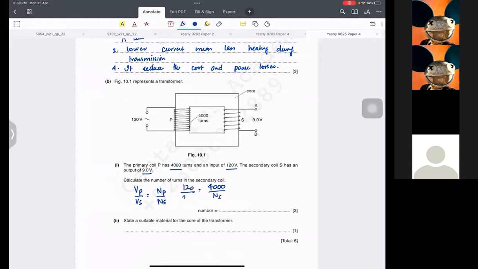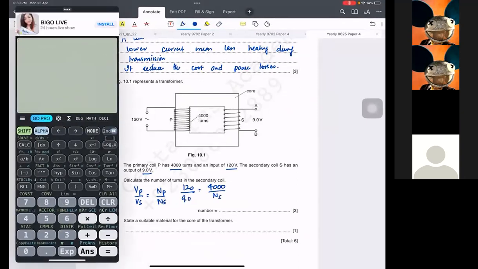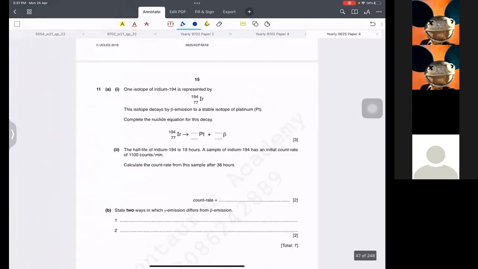This is 9, by the way. So Ns would be 9,000 times 9 divided by 120. So that is 675 turns, right? Now, what is a suitable material core of transformer? Always write iron, because it is a temporary magnet, temporary core magnet.